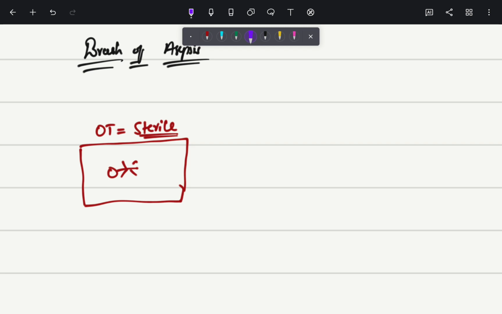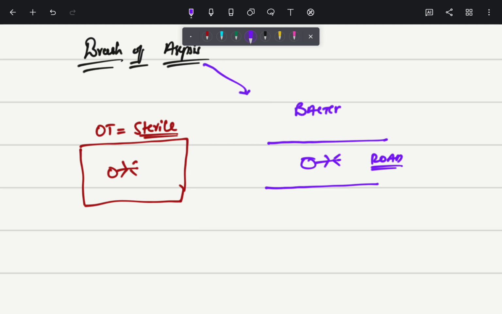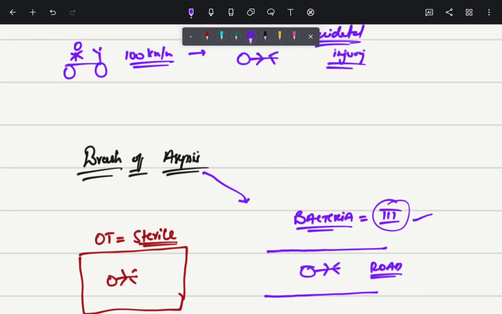Now, imagine this patient is struggling on the road and we have to do an emergency operation on the road itself. This is called breach of asepsis, because on the road there is a lot of bacteria present and this bacteria can lead to contaminated wounds or type 3 wounds. Okay.